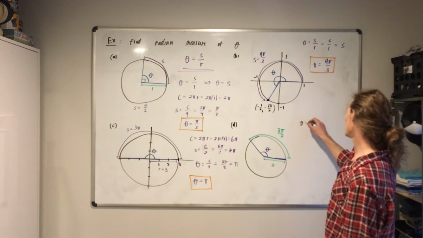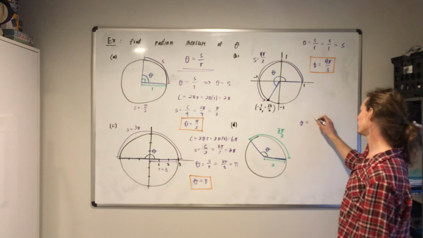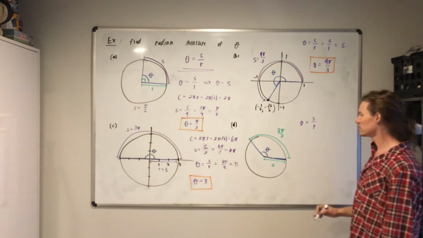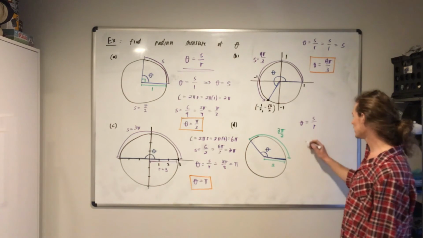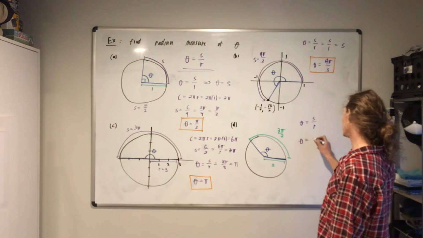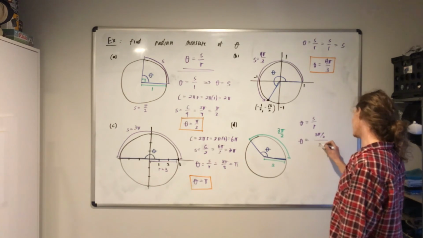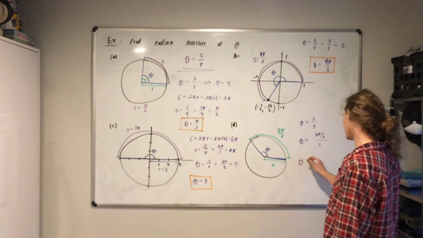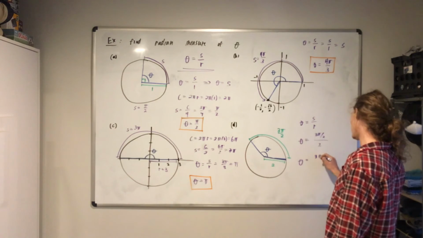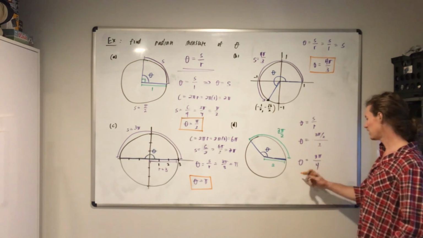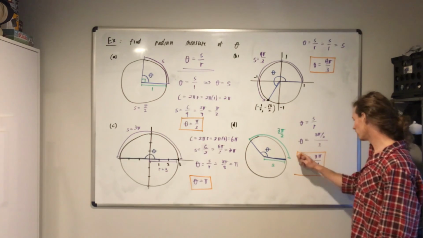We recall that the radian measure for any angle theta is just the ratio of its arc length and its radius. So we'll have 3 pi halves in the numerator and 2 in the denominator. That tells us that our angle measure in radians for theta is 3 pi over 4.